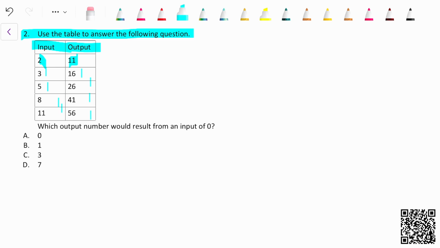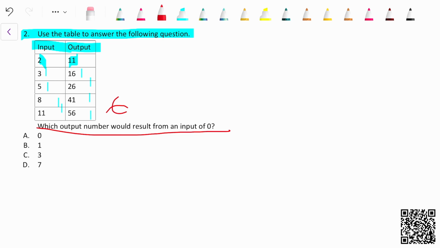Some people might be able to see right through this, but some people might not. So for the people who might not, let's go with the classic strat. So here we have: which output number would result from an input of 0. The input number is not on the chart, and there's no variable, but you can still solve it.